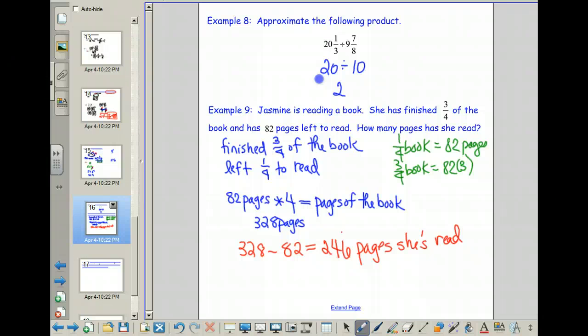Yes? Could you do example 8 like for real, like how you really do it? Well, I know it's not asking you to really do it. If you were asked to really do the problem, the first thing you'd have to do is to turn these both into improper fractions. So you'd end up with 61 over 3 divided by 72 plus 7, which would be 79 over 8.